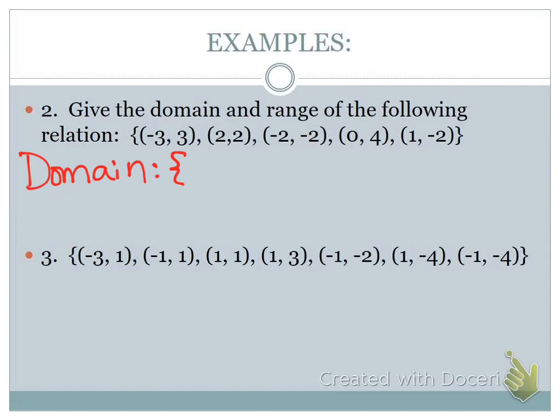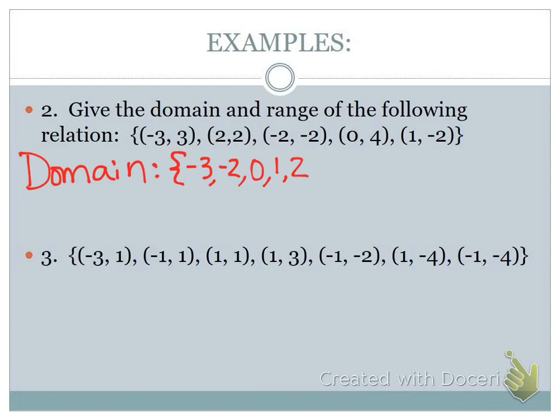So for domain, we're only looking at our x values. And we want to start with the lowest one. So out of all the x values we see here, which one's the smallest? -3, comma, the next smallest. -2, comma, the next smallest. 0, comma, the next smallest. 1, comma, 2.